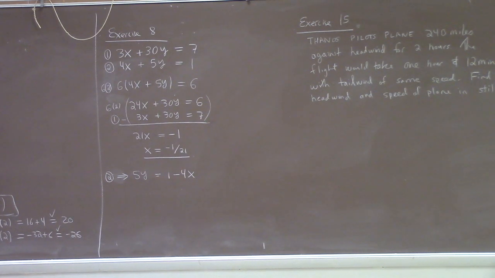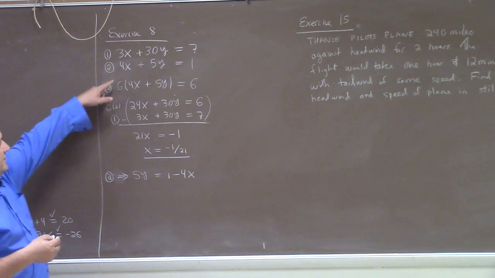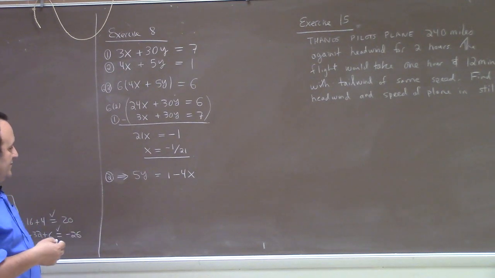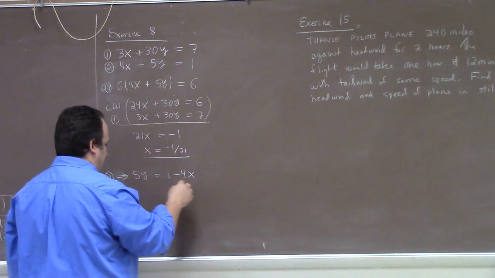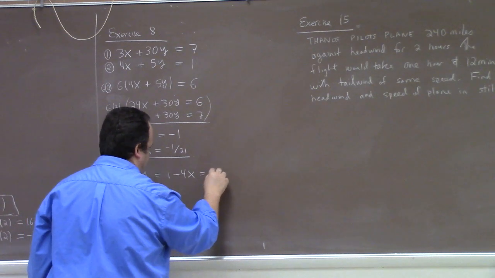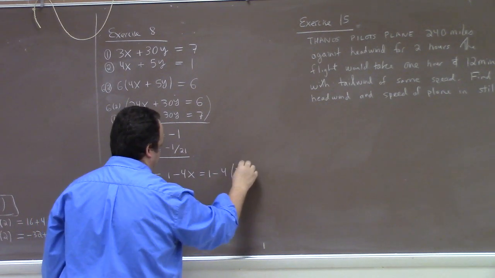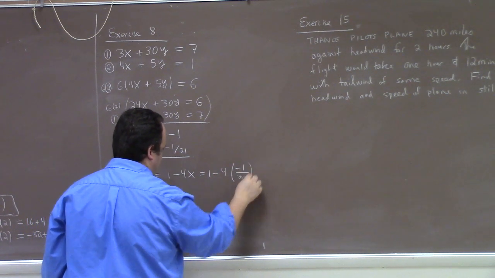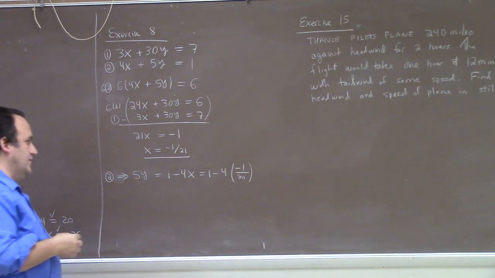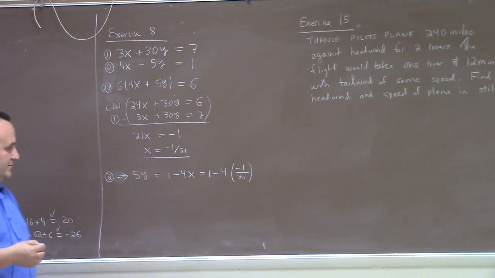If I subtract 4x to the other side. And the reason I'm doing that is then I can say that's equal to 1 minus 4 times minus 1 over 21, right? Because x is equal to minus 1 over 21.